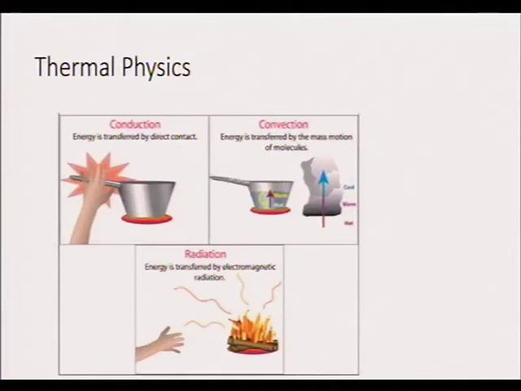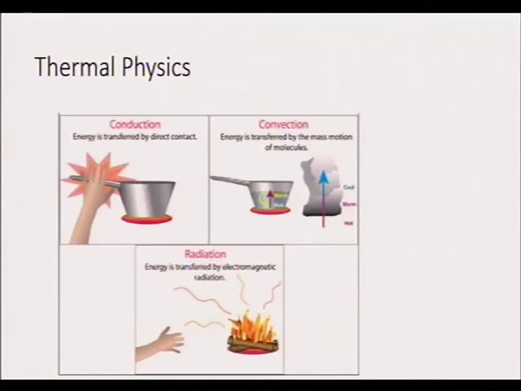This is a summarized version of thermal physics. This physics deals with heat and its properties and characteristics. And in this diagram, we have three forms of transfer of energy. One is conduction, the other is convection, and the last one is radiation.